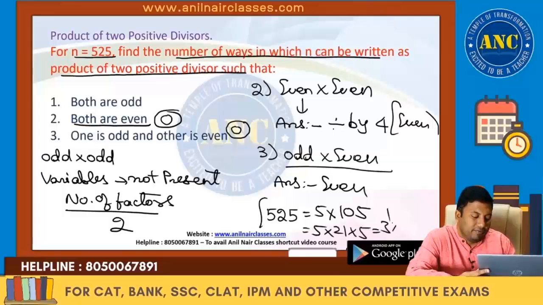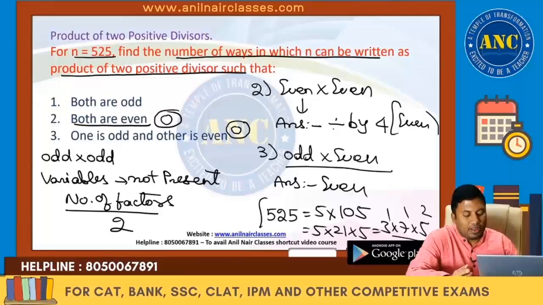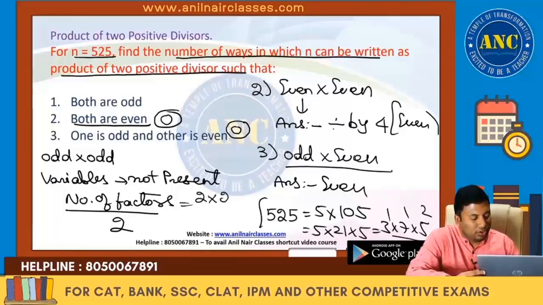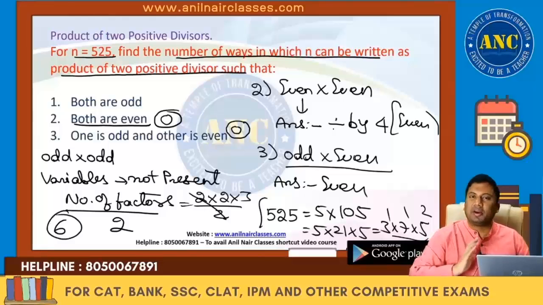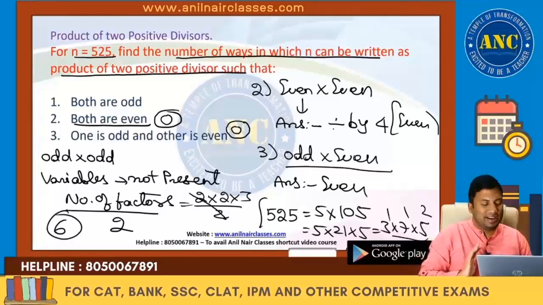So it is 3 into 7 into 5 square. So number of factors will be 2 into 2 into 3 divided by 2. 2 3s are 6. I hope the concept is clear. Idea is clear, right?